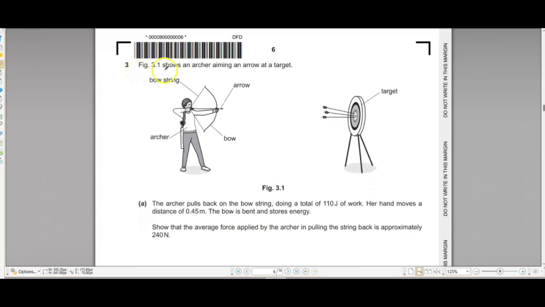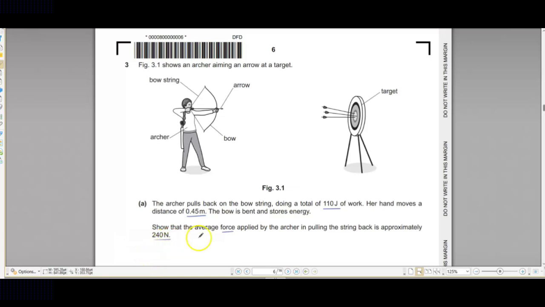Question number 3. Figure 3.1 shows an archer aiming an arrow at a target. The archer pulls back on the bowstring, doing a total of 110 joules of work. Her hand moves a distance of 0.45 meters. The bow is bent and stores energy. Show that the average force applied by the archer in pulling the string back is approximately 240 newtons.